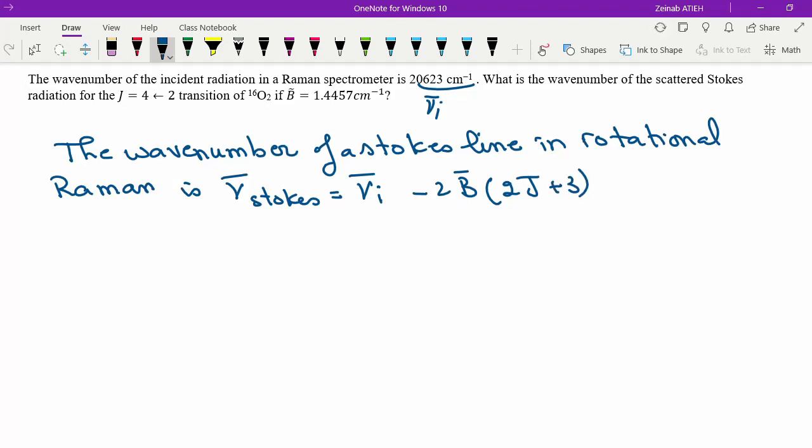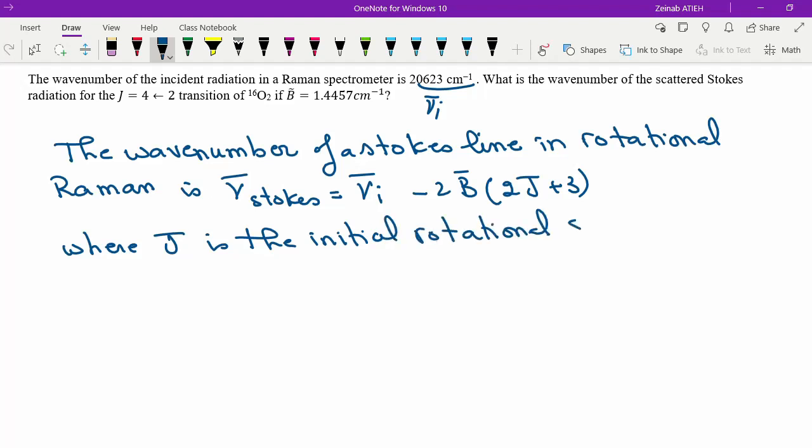We have derived this formula in the course, where J is the initial rotational state. So if we have a transition from 2 to 4, we substitute for J, 2, the initial rotational state.